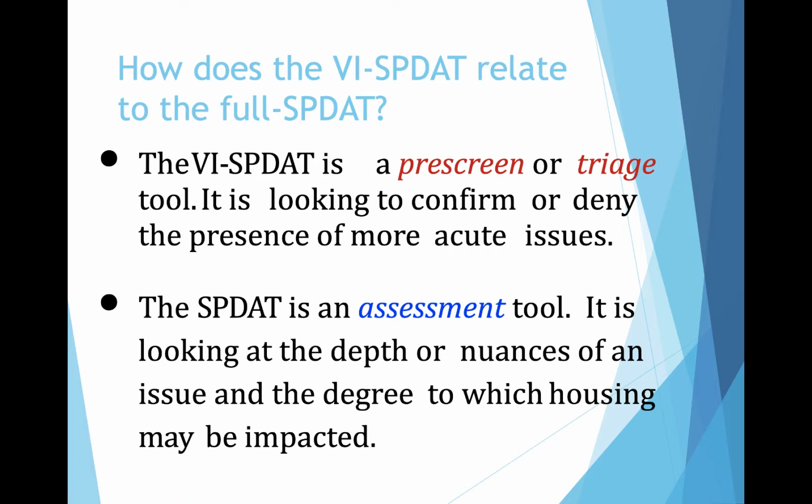After a person has been homeless and has had a VI-SPDAT done for at least 14 days or 2 weeks, giving them a chance to self-resolve, the full SPDAT looks at the depth or nuances of an issue and the degree to which housing may be impacted by each different issue. So they're very different tools. The VI-SPDAT can take between 7 and 10 minutes, and the full SPDAT can take between an hour to a couple hours. Very in-depth.